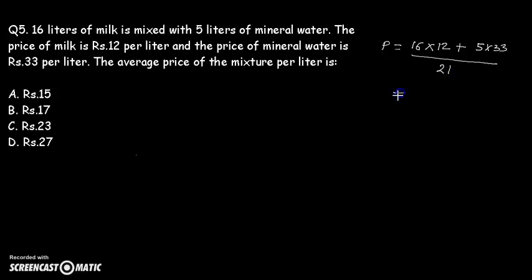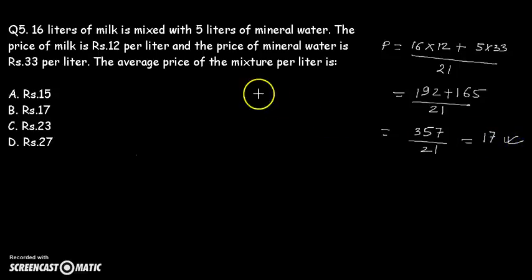Here this is 192 plus 165. So 17 is the average price of the new mixture. I mean the mixture of milk and the mineral water.